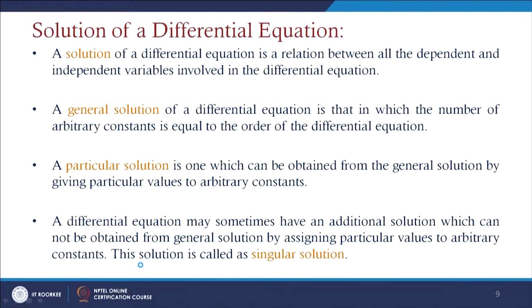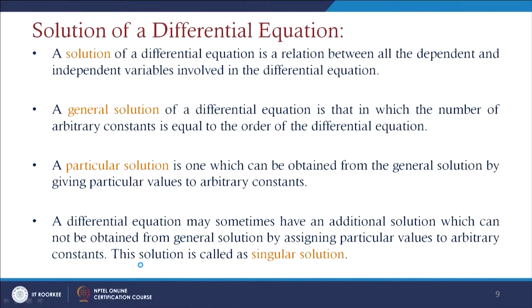Why does this exist? Whenever we approach a solution of a differential equation, it always involves certain constants, and if constants are involved, then a generalized solution can be obtained. So, the basic definition of a general solution is that a general solution of a differential equation is one in which the number of arbitrary constants is equal to the order of the differential equation.